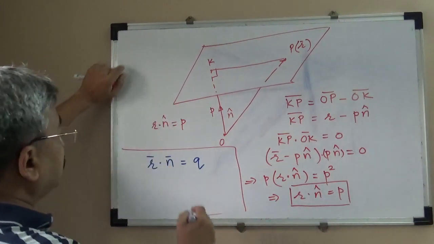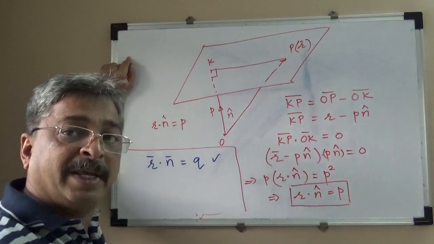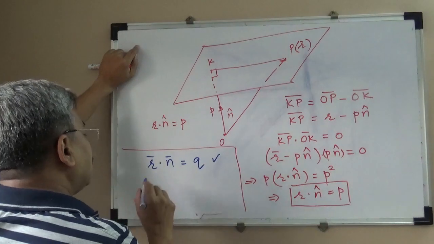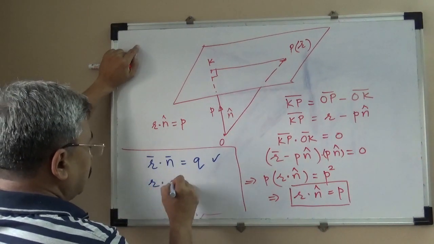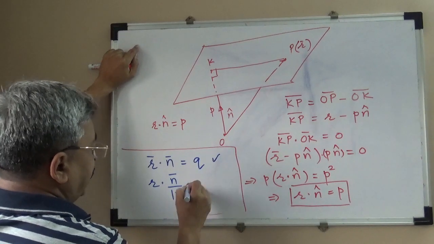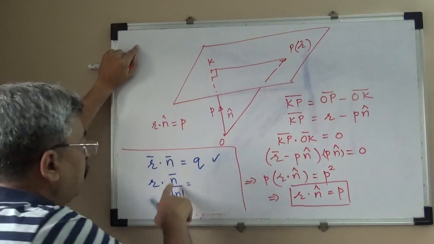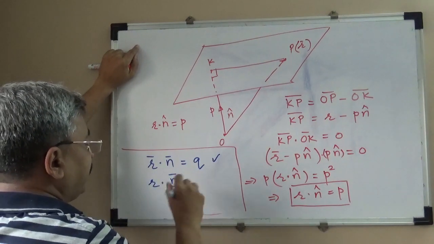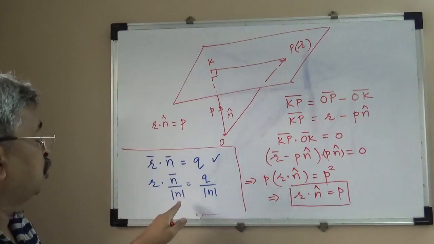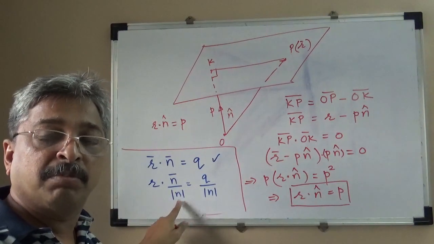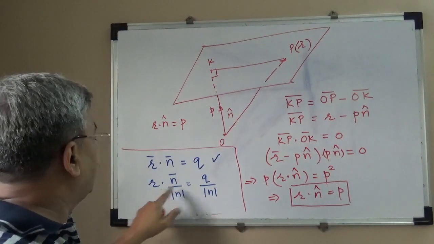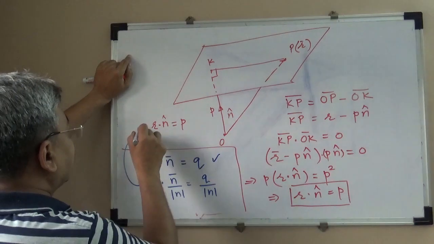So can we consider this as an equation of plane or not? Of course yes, because using this equation we can always go back. If we divide both sides of this equation by absolute value of n, that is the length of that vector n, then this form is exactly equal to the earlier one.